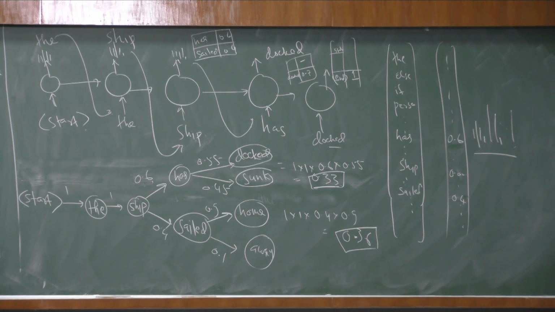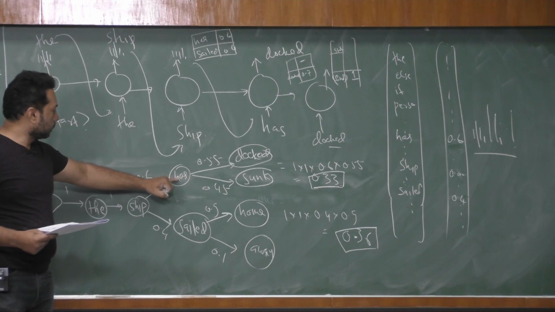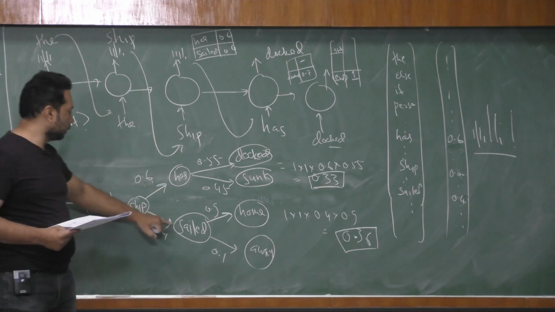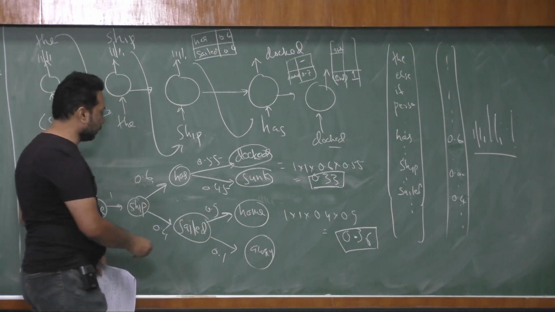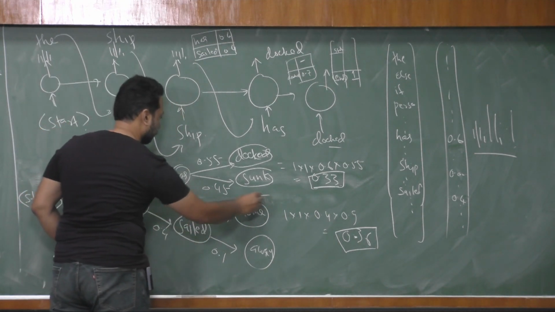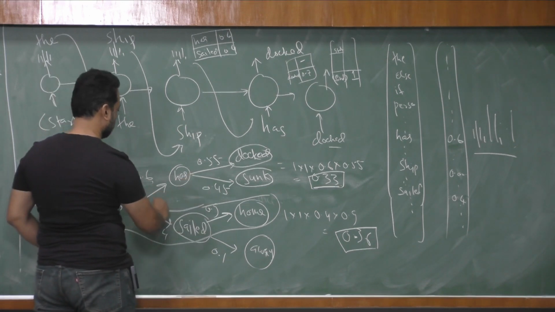So in this case, let us say I track two top branches. For instance, here I see this branch has so far given me the highest probability, and this branch is the next highest, and out of these I will maintain this branch.